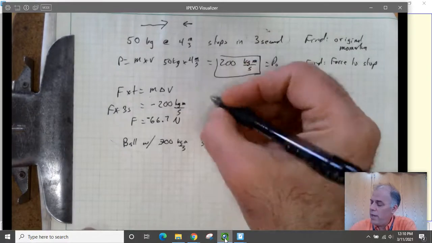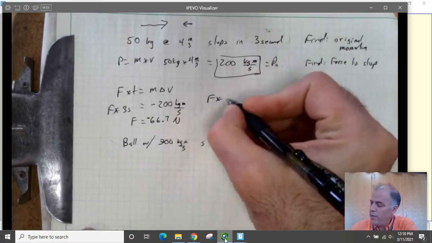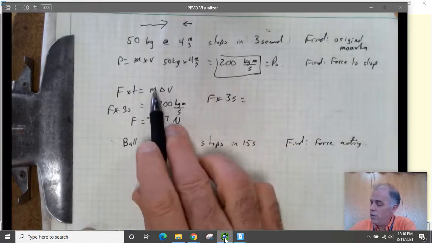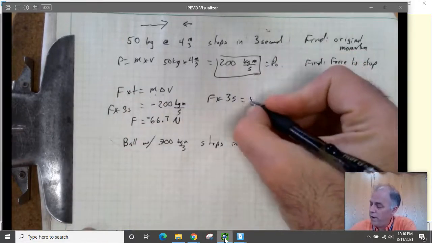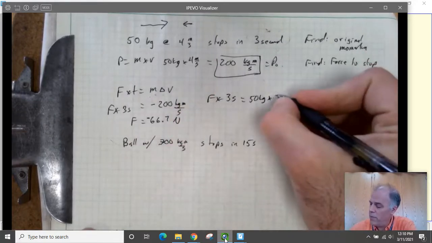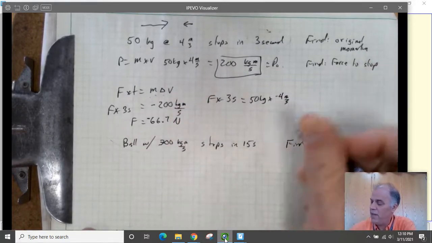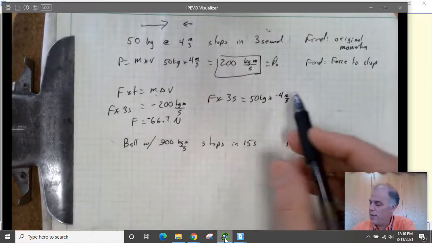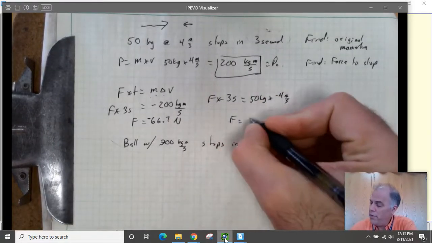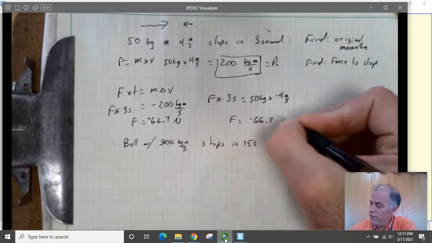So we can say force, that's what we're trying to figure out, times 3 seconds, because we have the time, is equal to the mass, which is 50 kilograms, times the change in velocity, which is going to be minus 4 meters per second, because we're slowing it down. Okay, and when we work it all out, we wind up with the same answer, negative 66.7 newtons.